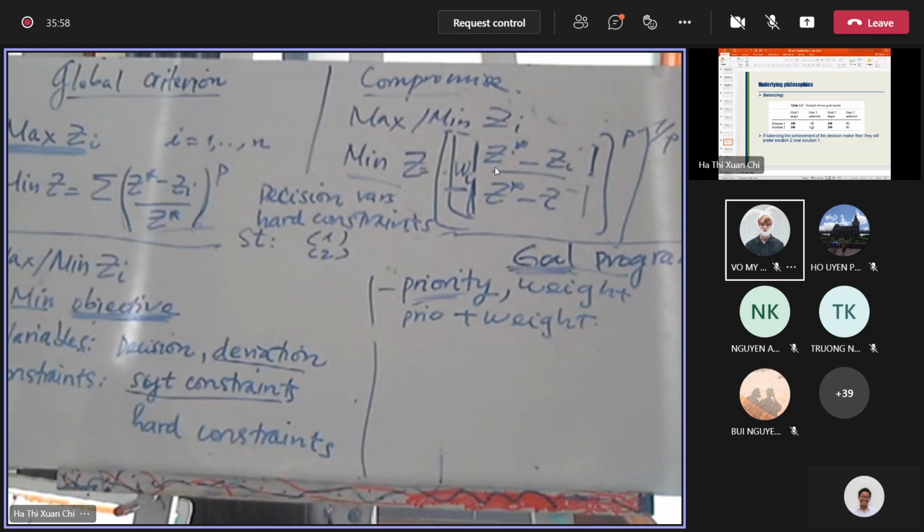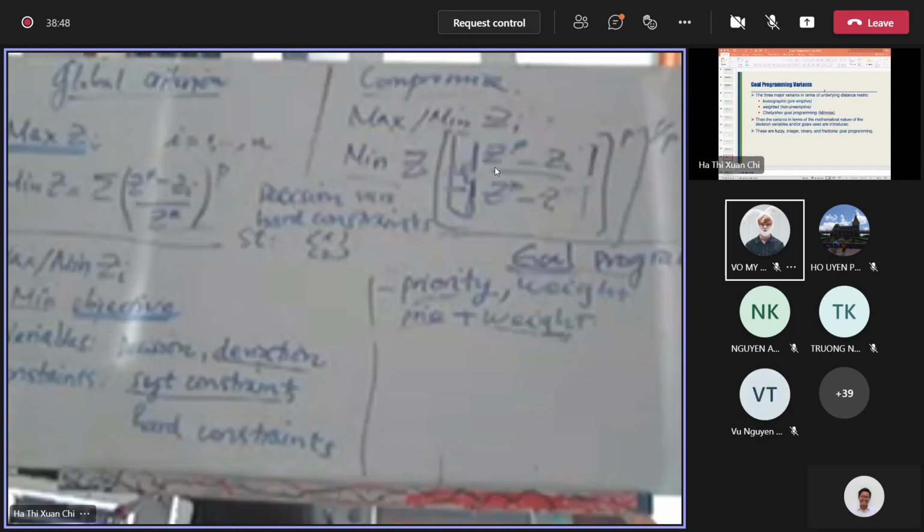So my question, everyone, is: for any objective, can we define a weight, or can we not? For example, look at this one. Here I have priority, right?